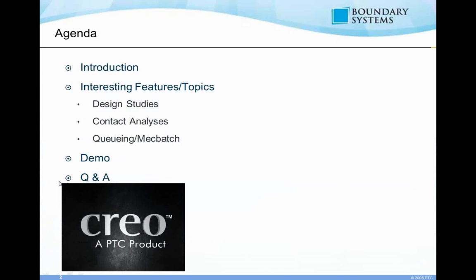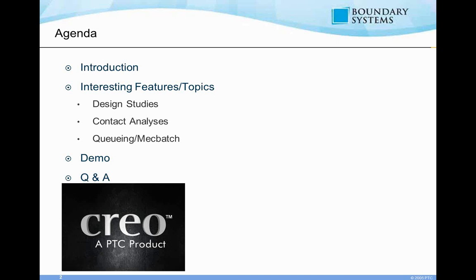So some of the features we're going to cover, the majority of it, is going to be looking at design studies. What are design studies in Creo Simulate, what do they mean, and what are some of the best practices when it comes to defining those design studies and then running them to get more insight on different measures in your analysis.